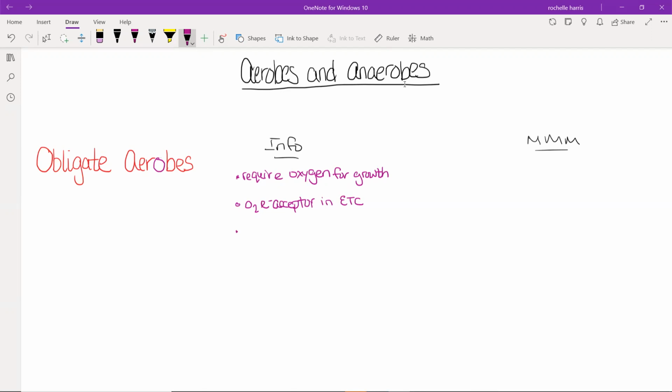Another one is cellular respiration. In cellular respiration, cells break down the sugar or fats to obtain ATP, and obligate aerobes have cellular respiration.